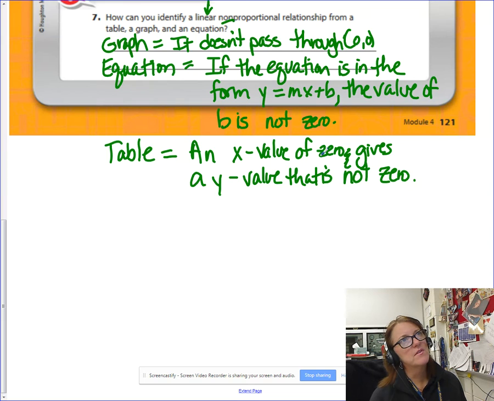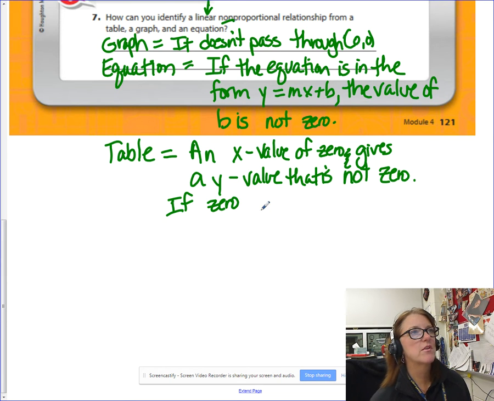You've looked and you notice if you have an x value of 0, you get a y value that's not 0. If you don't see a 0 in there, then what I would do is build your line. So if zero, and I'm writing it in words so you don't mistake it for an O, if zero isn't in the table, calculate the slope.